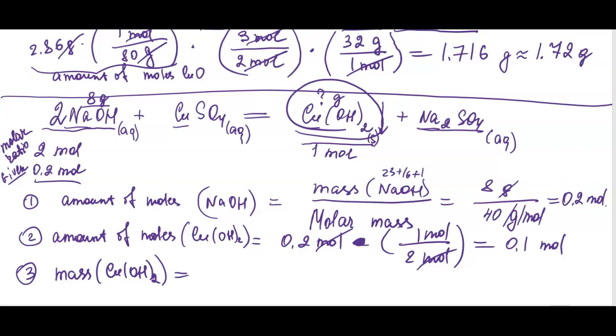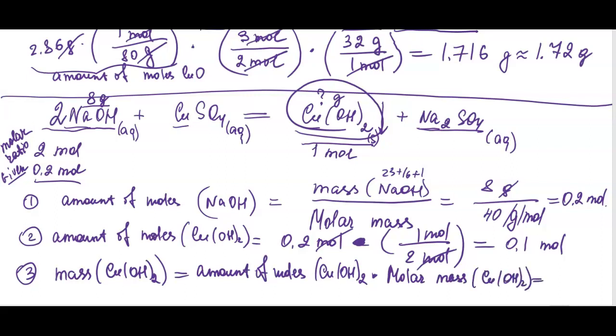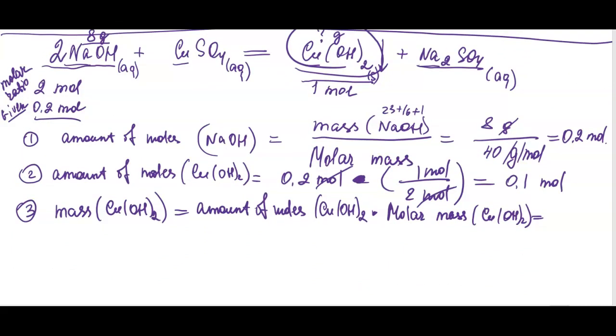To find mass, we need the amount of moles for this compound, Cu(OH)2, multiplied by the molar mass for Cu(OH)2. And we have amount of moles 0.1 mole multiplied by, and molar mass will be 64 for copper and 16 plus 1 two times.